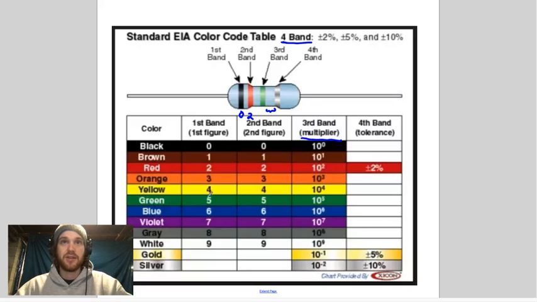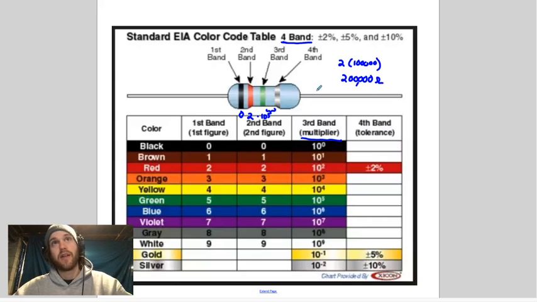Green is 10 to the 5th, or a 1 with 5 zeros. So this is just 2 times 10 to the 5th. That's 2 times 1 with 1, 2, 3, 4, 5 zeros, or a 2 with 5 zeros. So this is 200,000 ohms.